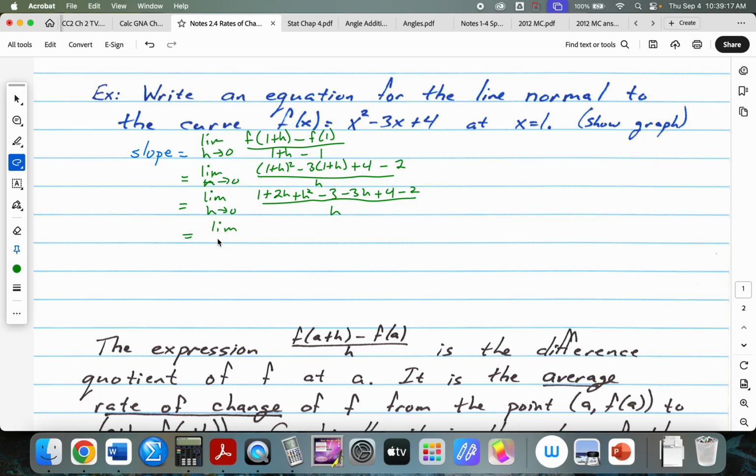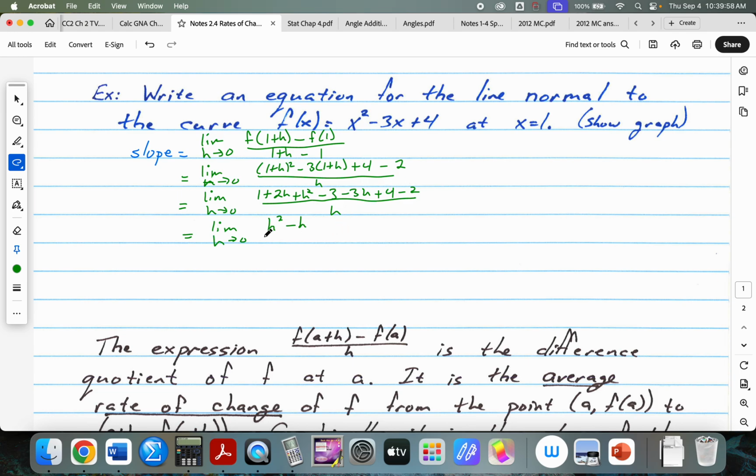So this will be the limit as h goes to 0 of, let's see, we've got an h squared and then we've got a 2h and a negative 3h, so minus h. And then we've got 1 minus 3 is negative 2, plus 4 is positive 2, minus 2 is 0.